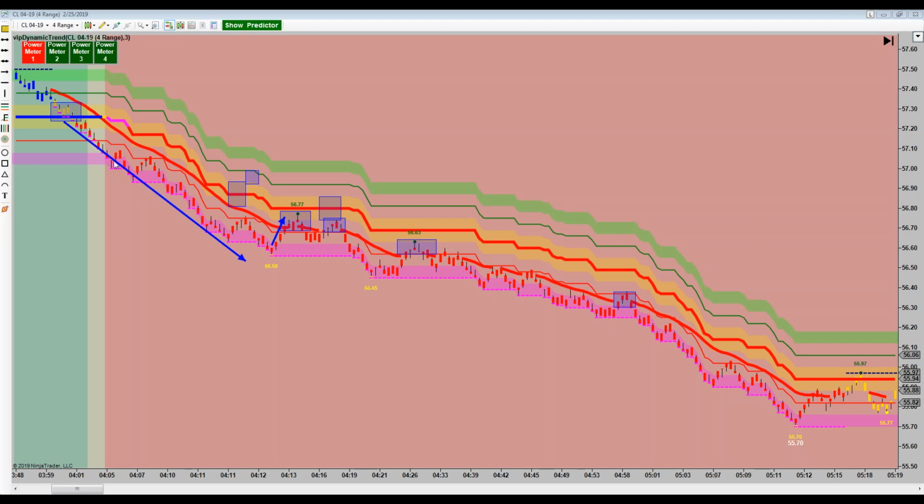And if you take them, and you hear this in the room a lot, let me explain what this means. When boxes are located in a distance that's fairly far away from the mid-band, so you're pretty extended out here, and you want to take the short, you want to take advantage of this powerful trend that you missed.